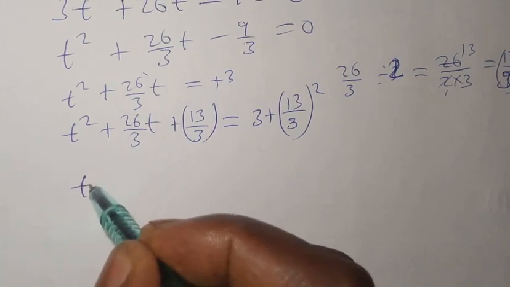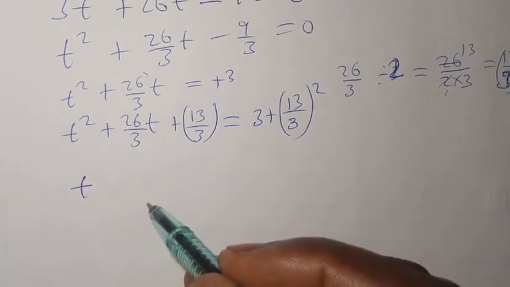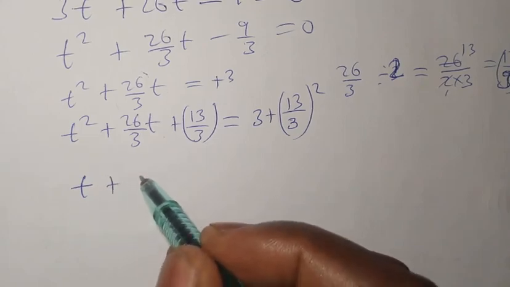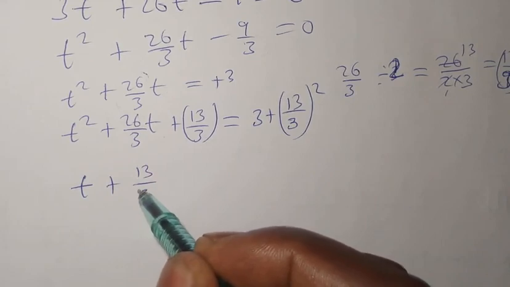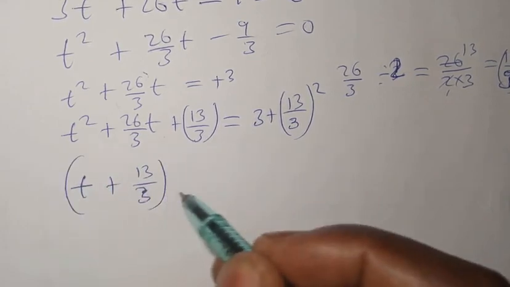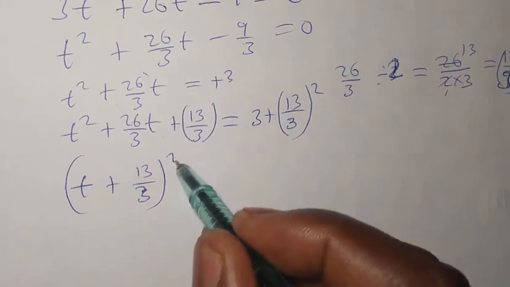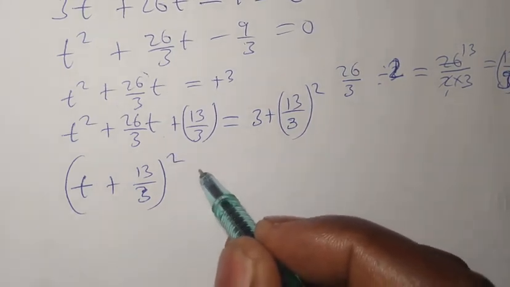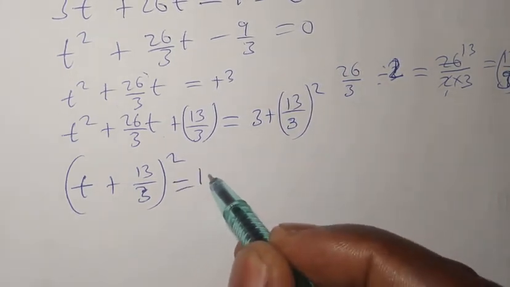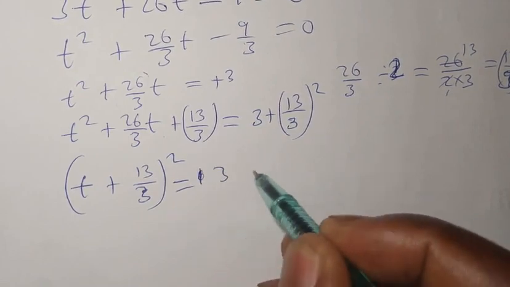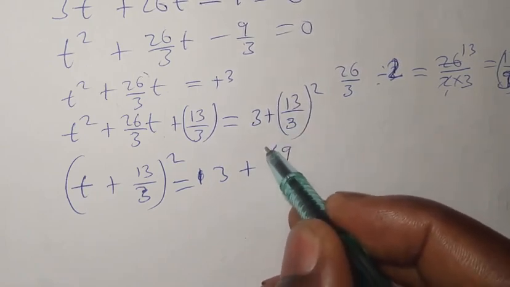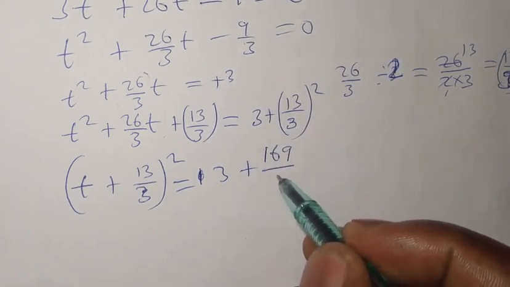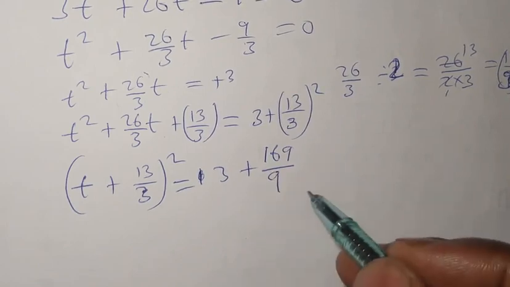This can be written as (t plus 13 over 3) squared equals 3 plus, square this one to give us 169, all over, square that one to give us 9.